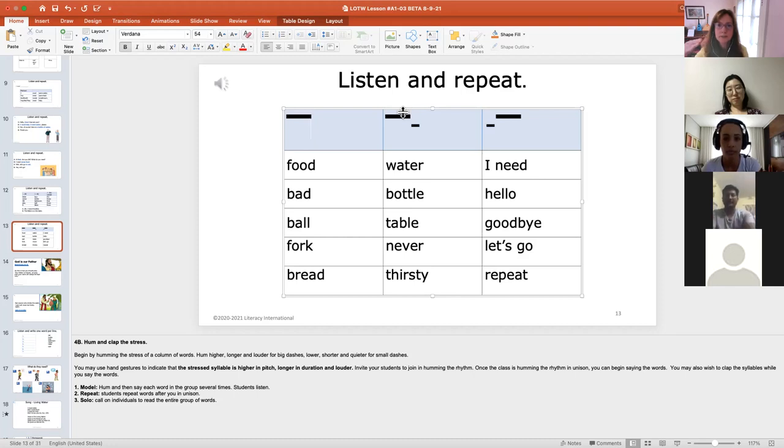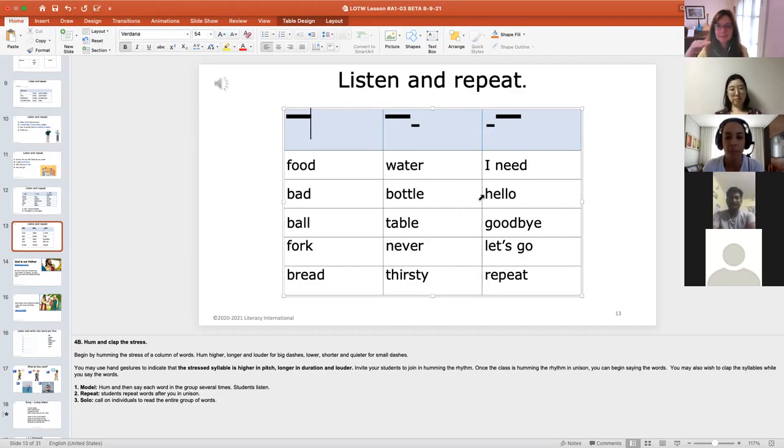Water, bottle, table, never, thirsty. All right. So Prakash, can you go ahead with column number 2, the 2 syllables, and say the humming, and then say the words in the column.